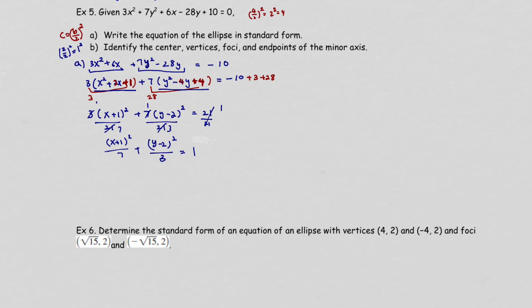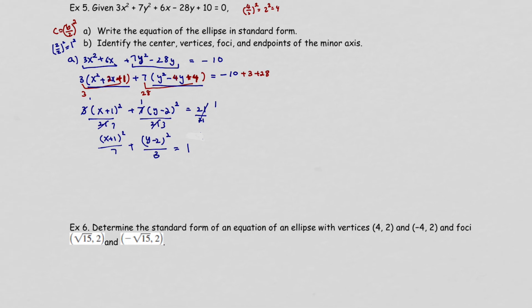Now you can get your center, your A and B, to find center, vertex, and focus point. So looking at that, your center is going to be negative 1, positive 2.